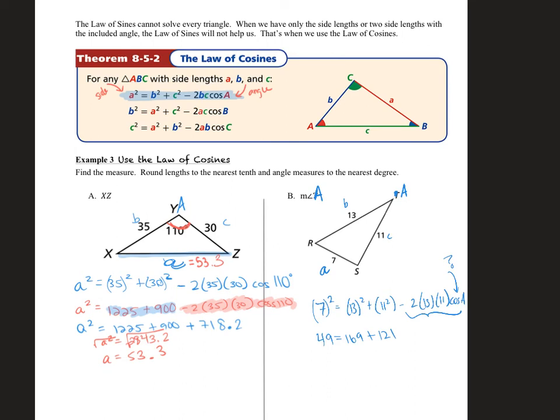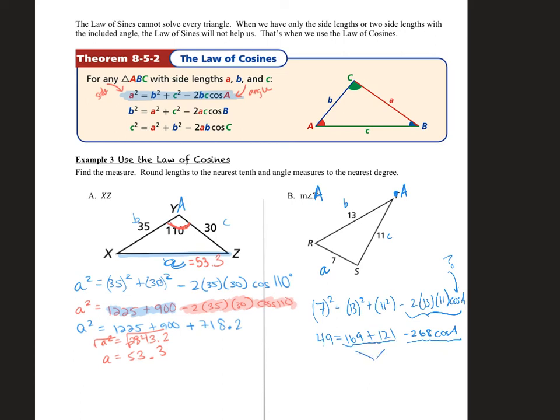So negative 2 times 13 times 11 equals negative 286 cosine A. Okay, so now I'm ready to add and subtract. These are unlike terms. This one is like saying negative 286x, and these are constants.